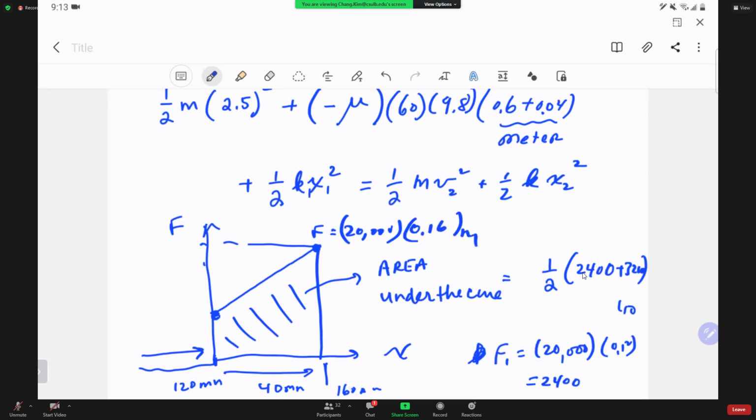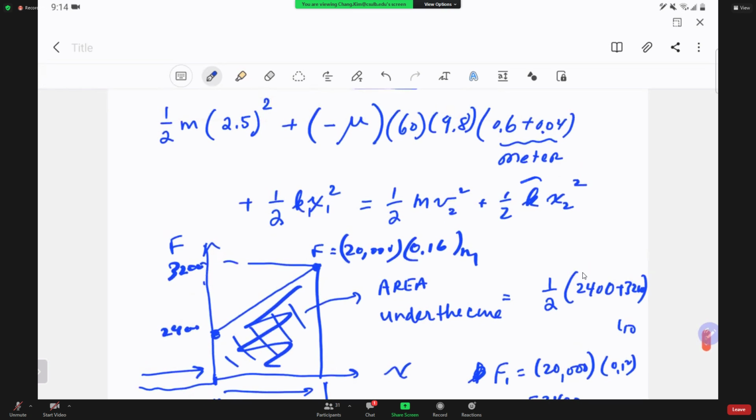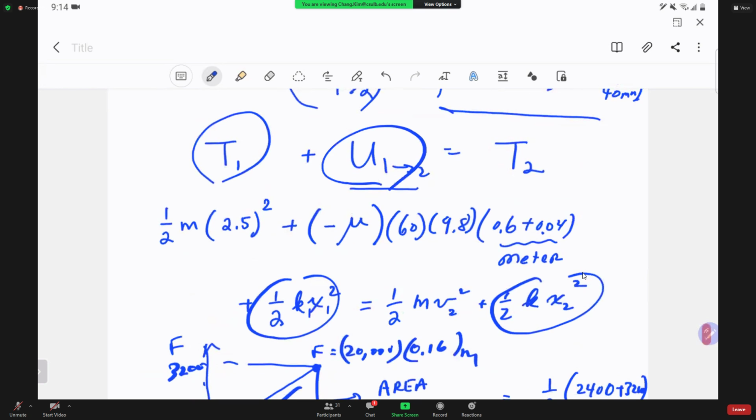I converted that from millimeters to meters. So this will give you 3,200 and this will give you 2,400. The area under the curve is a trapezoid, and you can compute all those. So these two are absorbed into this term.